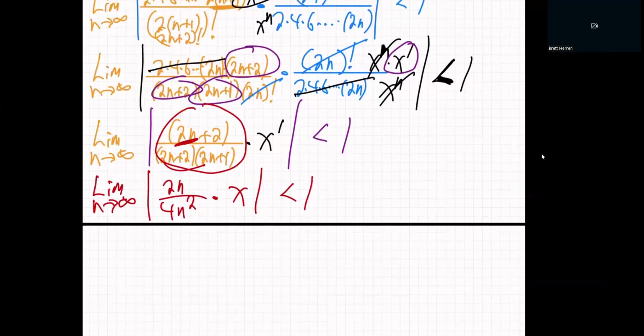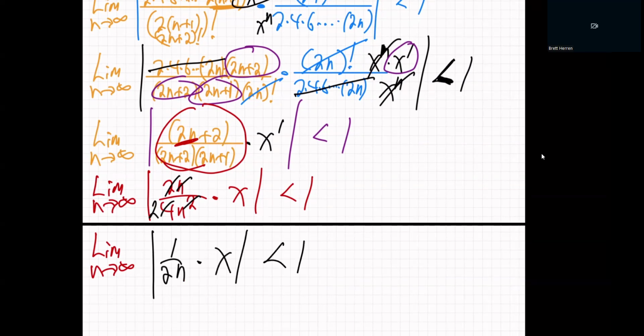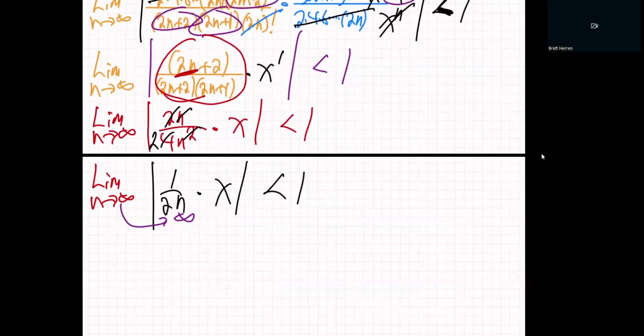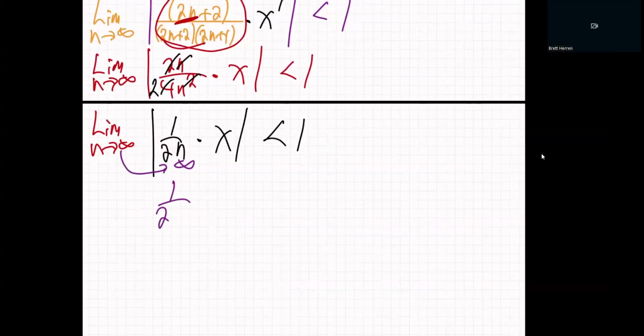Simplify that, and I get the limit as n goes to infinity. This cancels that, and 2 goes into 4 two times. So we get 1 over 2n times absolute value of x less than 1. Now plug in the infinity. So that's 1 over 2 times infinity times absolute value of x, less than 1.